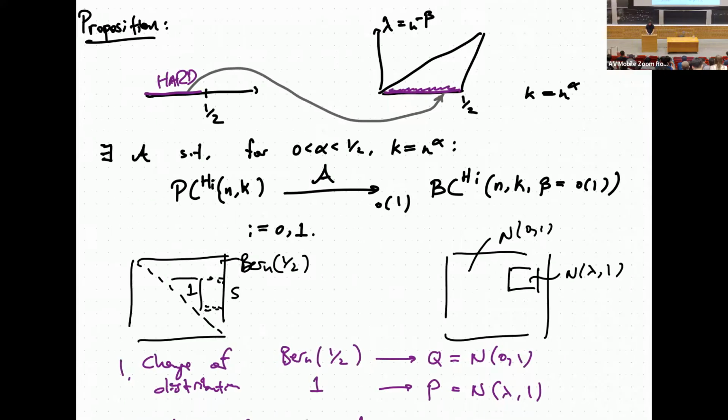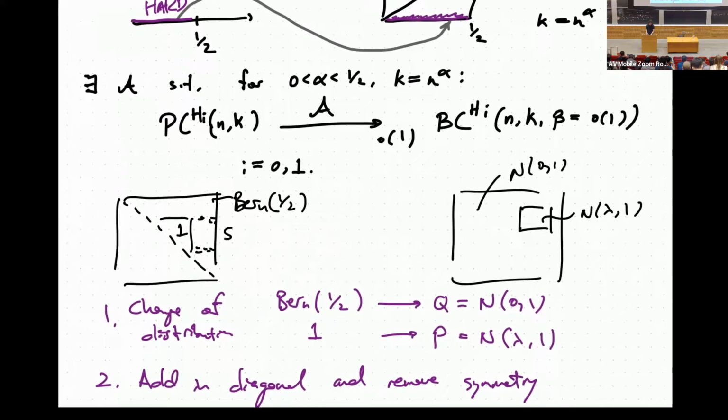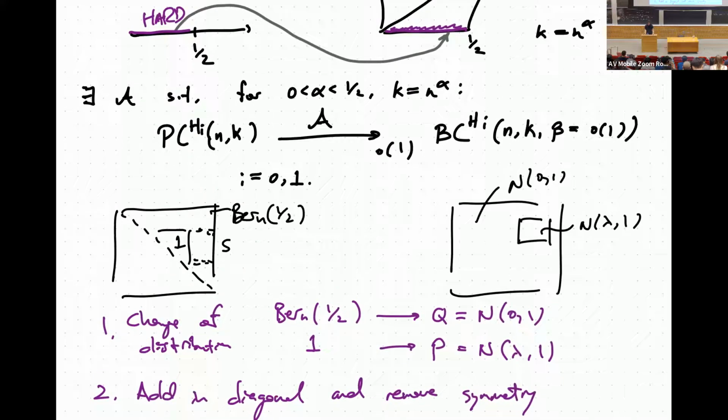Cool, so if we go back all the way here and we look at our intuition about what is different between the distribution we're trying to produce and the one that we have, well, first we have this change of distribution, and we've just finished going over that. So we've successfully mapped Bernoulli half and 1 to standard Gaussian and Gaussian with mean lambda. We had this additional issue, which is that we don't have a diagonal, so we need to have a diagonal.